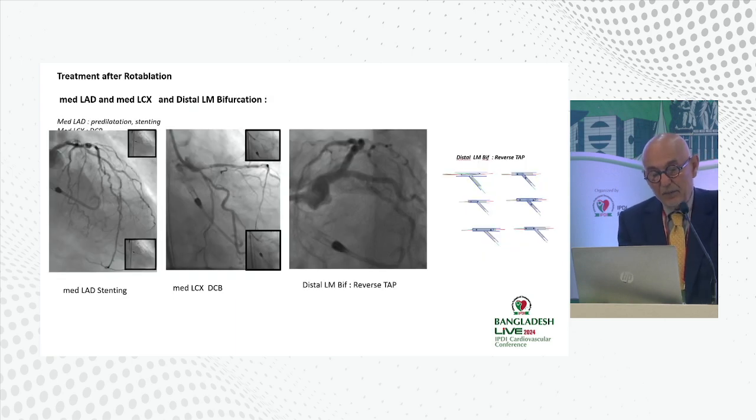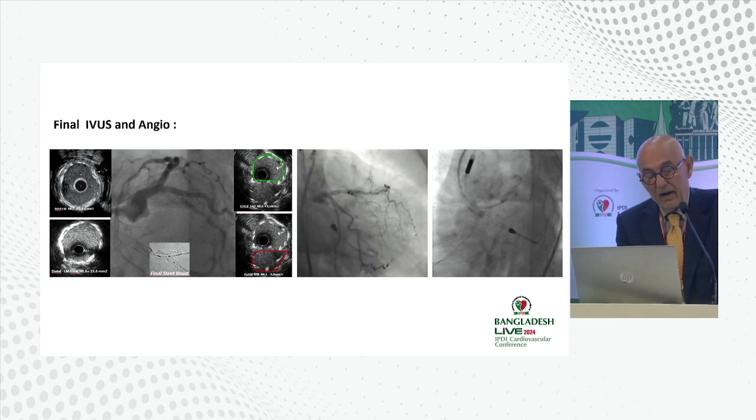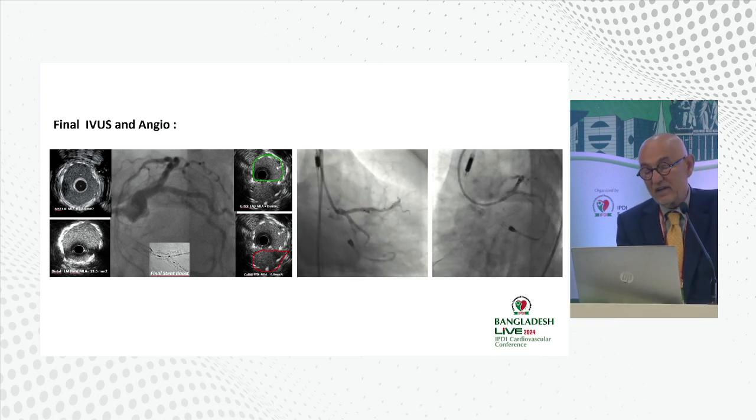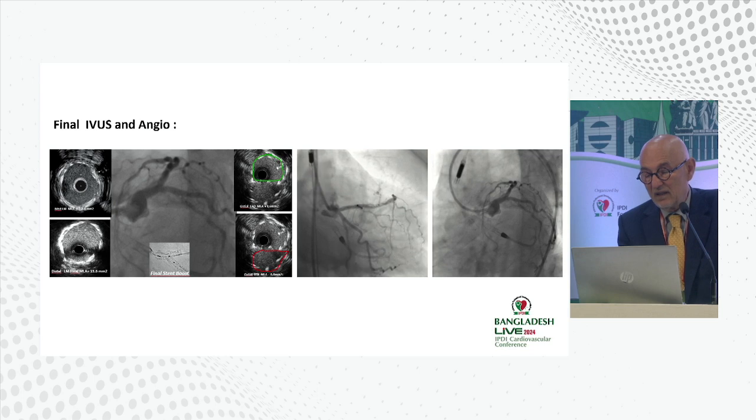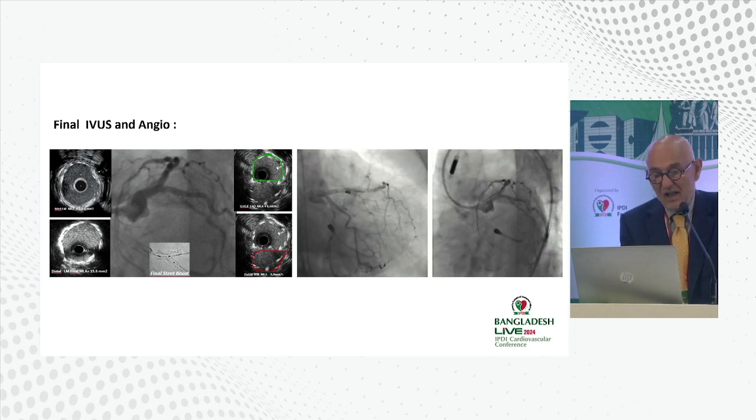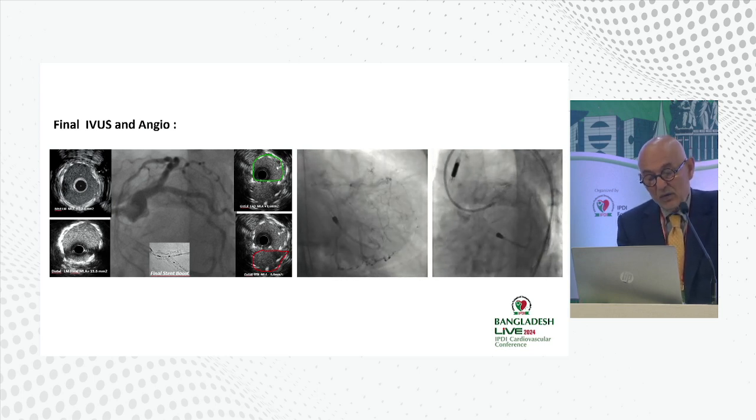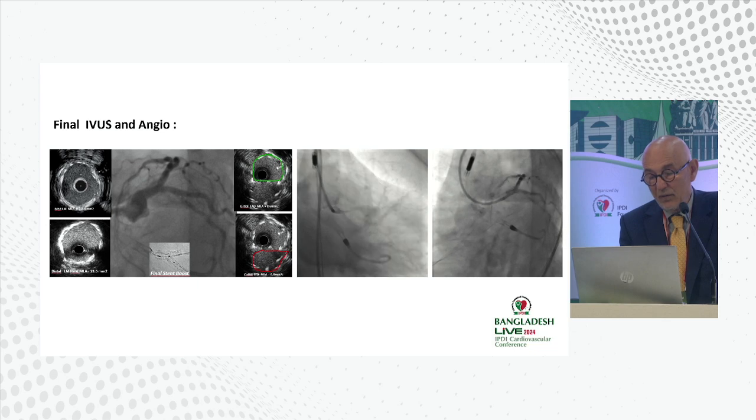After this, it was possible to complete the revascularization: the mid-LAD with a stent, the mid-circumflex with a drug-coated balloon, and the distal left main with double stenting using the reverse TAP technique. And you can see here the full expansion of the stent, the good outcome, as documented also by StentBoost and the angio you see here.